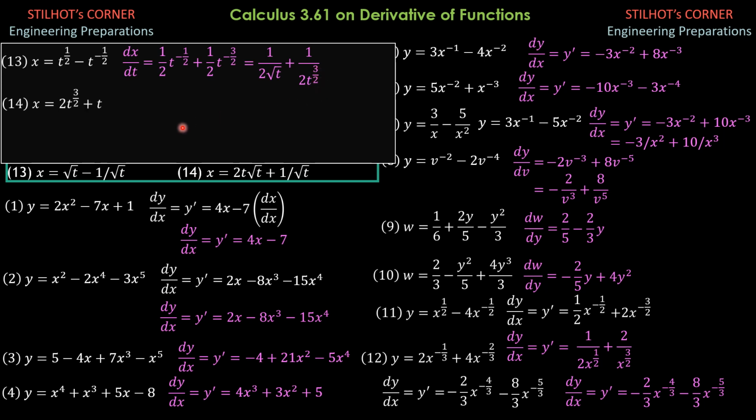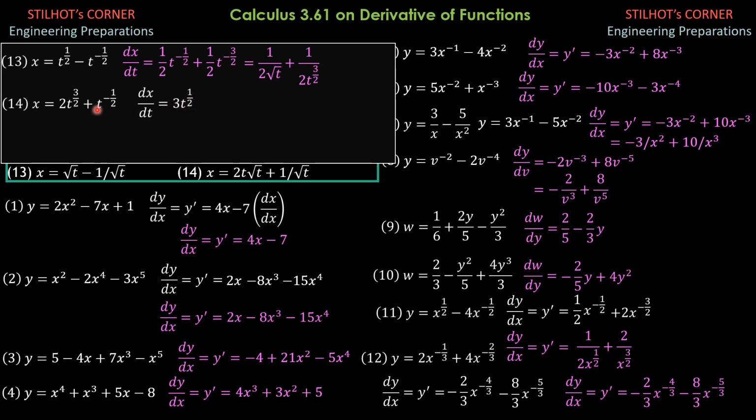And lastly, number 14, we transform this again into power form. So x equals 2 t to the 3/2, since t times t to the 1/2 is t to the 3/2. Then 1 over square root of t is the same as this. So t plus t to the negative 1/2. So dx/dt is equal to 2 times 3/2 is 3, t to the 3/2 minus 1 is 1/2.